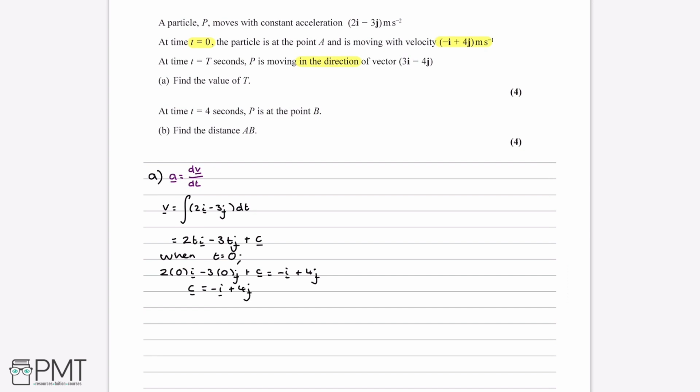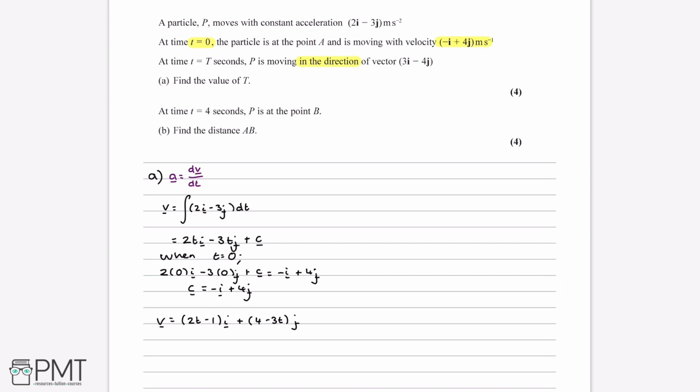Therefore, if we write the full expression for velocity, and factorise the i terms and the j terms to keep them together, because it tends to be easier to work with them like that, we get that (2t minus 1)i plus (4 minus 3t)j is our expression for the velocity of particle P. Now we have this complete expression.